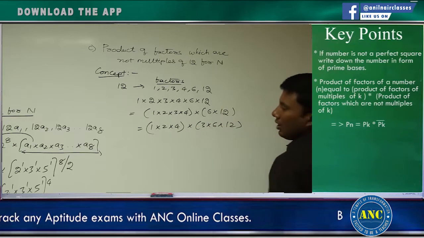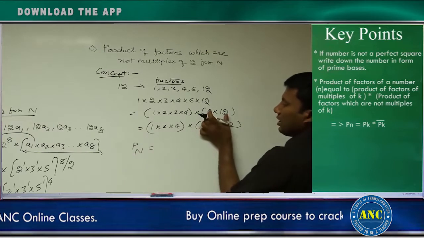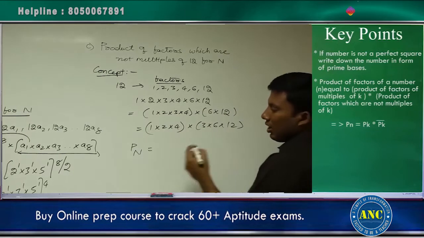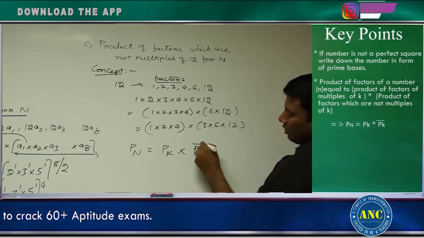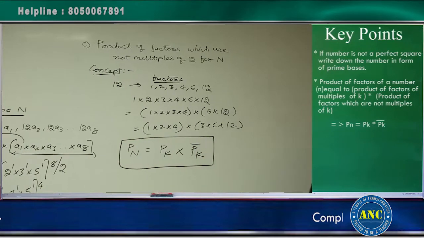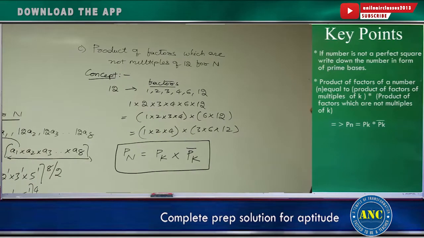Now if you see, these are the numbers which are multiples of 6, and these are the numbers which are not multiples of 6. Pn is equivalent to pk into pk bar.